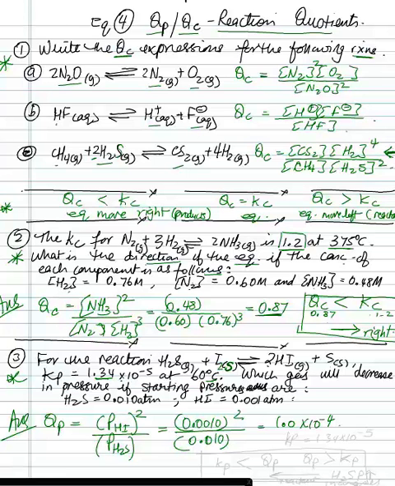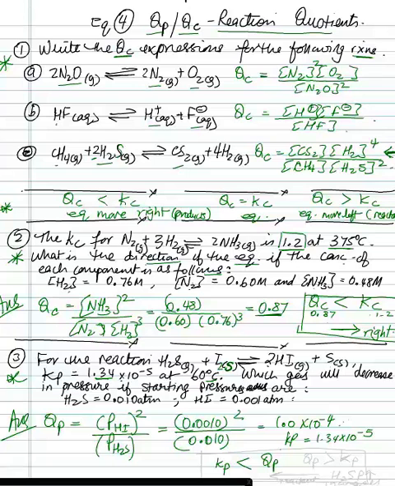Compare that, this is Qp, and Kp is 1.34 times 10 to the negative 5. So Kp is smaller, Kp is less than Qp.